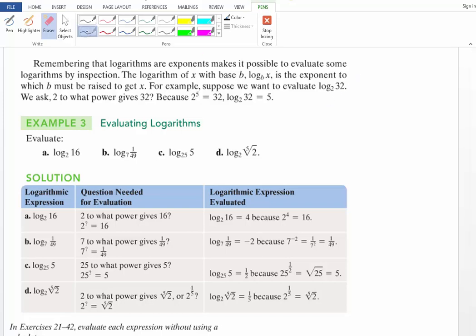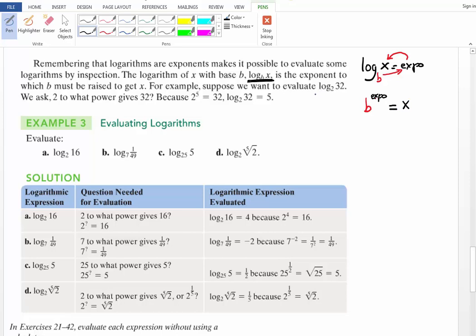They're telling you here that if you want to find, again, log base b of x, it is an exponent, because a log is an exponent, that I must raise the base b to in order to get x. So b raised to that mystery exponent, which is the value of that log we're looking for, is equal to the quantity inside the log.